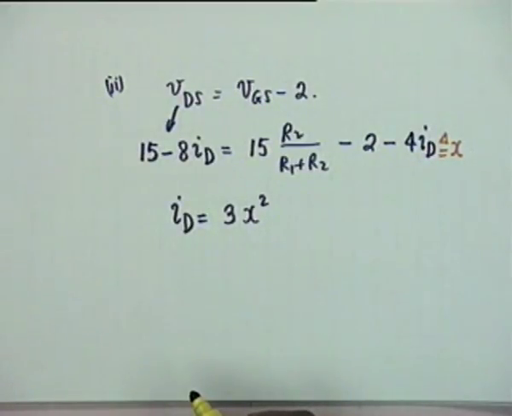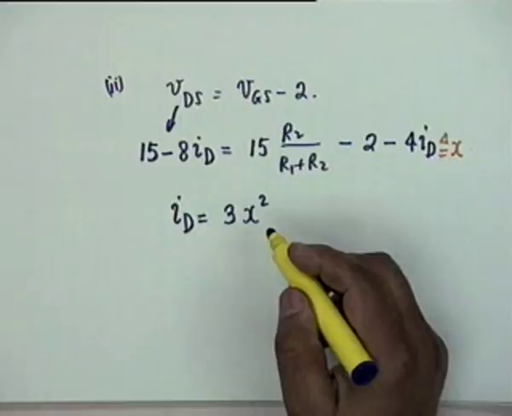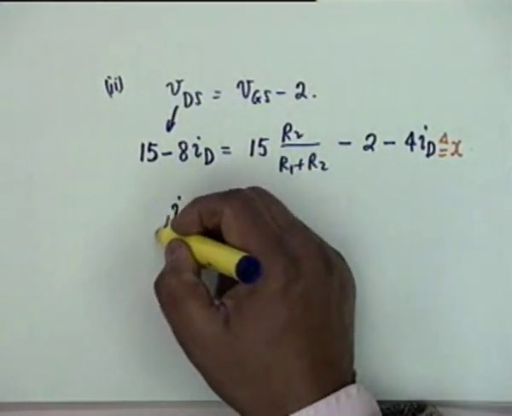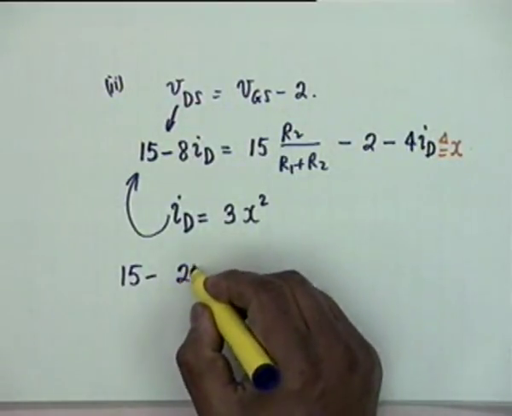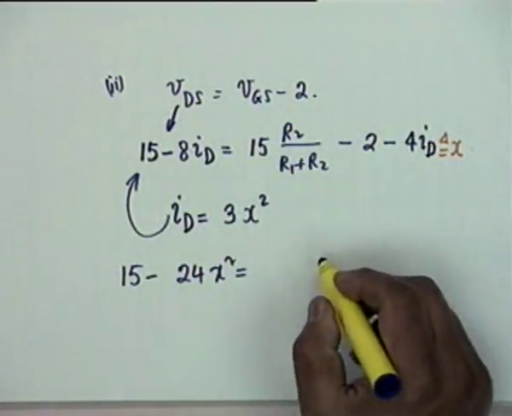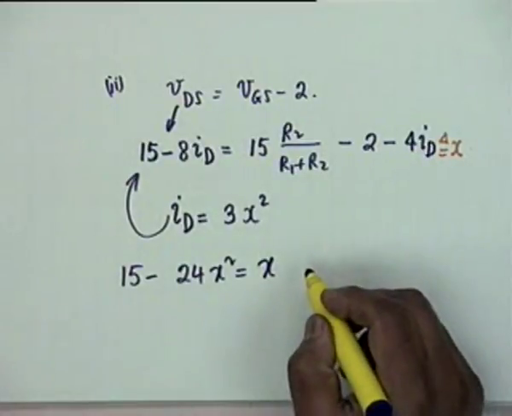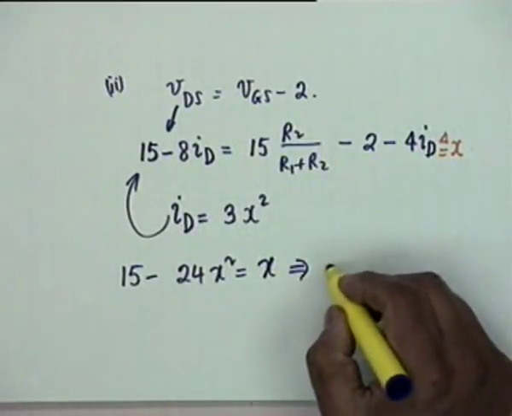Substitute this. You have to go back and forth. Substitute this here. Then you get the equation 15 minus 24x squared is equal to x. Solve for x.